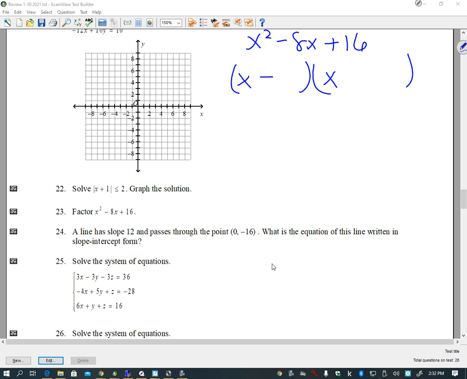Now I need to multiply 2 numbers to get 16, but combine them to get 8. All right, 4 and 4, right? And I believe what they're actually going to look for on an answer like that is x minus 4 squared, because it's the same thing. If it duplicates, you put them back together and you show it squared. Okay, does that make sense?